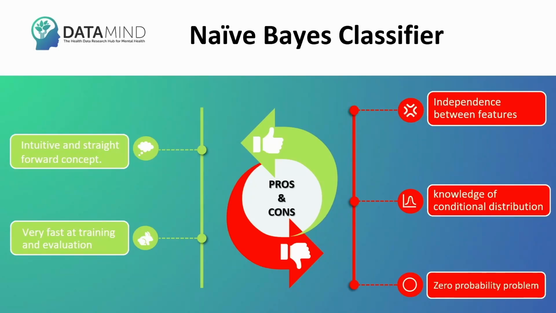And then it has the problem of zero probability, which arises in the case of categorical variables, which are often encountered in mental health research. If we find a category that has not been contemplated in training, or that we never encountered during training, then the naive-Bayes classifier is going to predict a probability of 0, which is not correct.